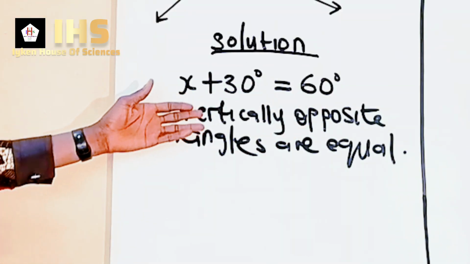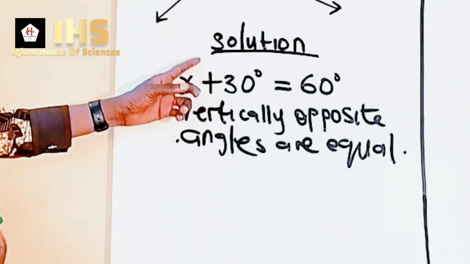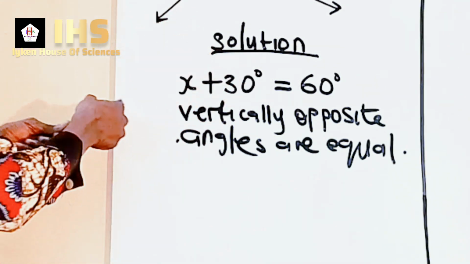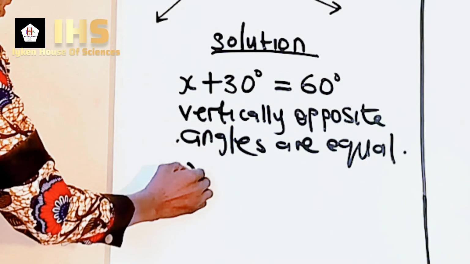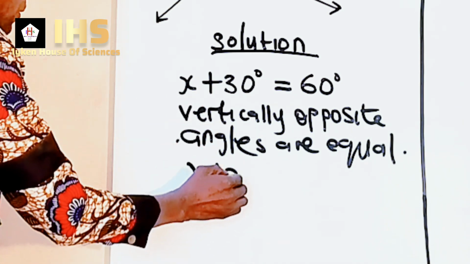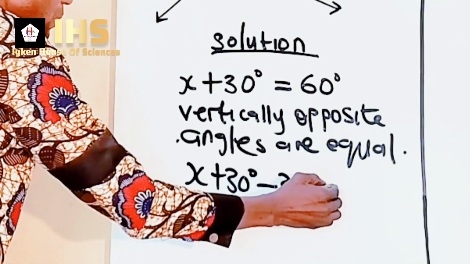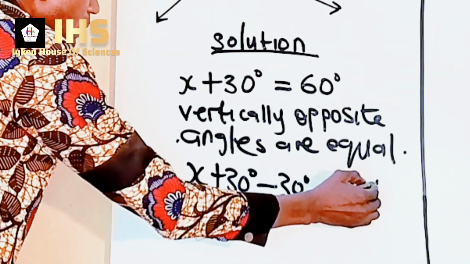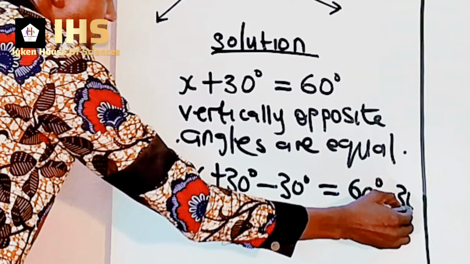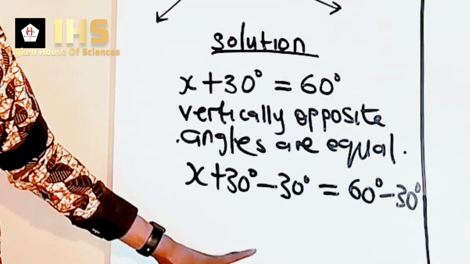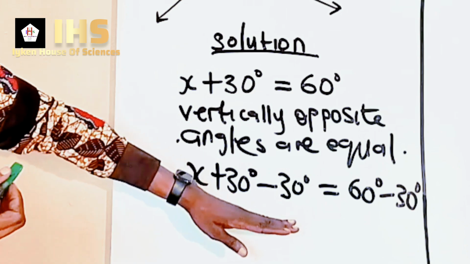What we are going to do is subtract 30 degrees from both sides, and of course, we have x. We subtract 30 degrees from both sides, which is done here.